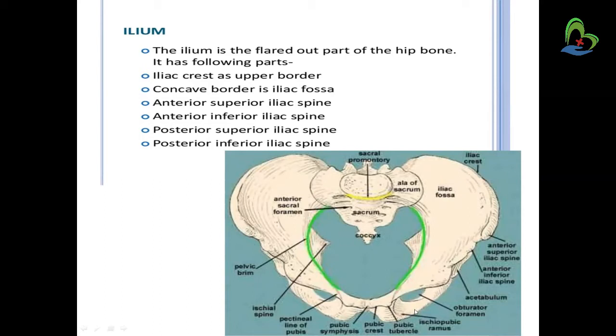Now the concave part at the obturator foramen is known as the ischiopubic ramus, and this is the ischial spine, which is part of the ischium.